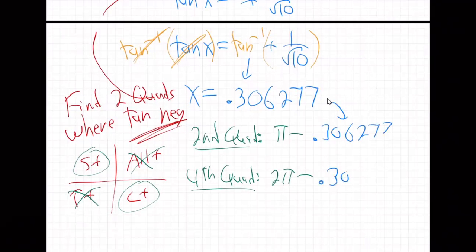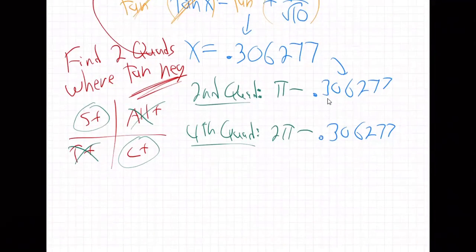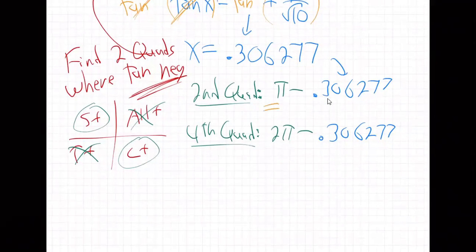And same thing here, 0.306277. And so hit the buttons on your calculator. I'll do this one too. Second quadrant, pi minus answer. Use the answer button. That's a nice button to use. Just use second answer if you have it, depending on your calculator. If you have an answer button on your calculator, mine, you have to hit second first.